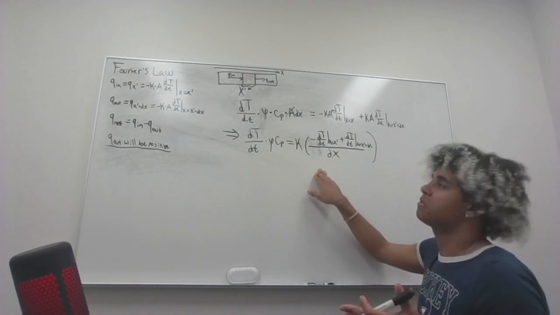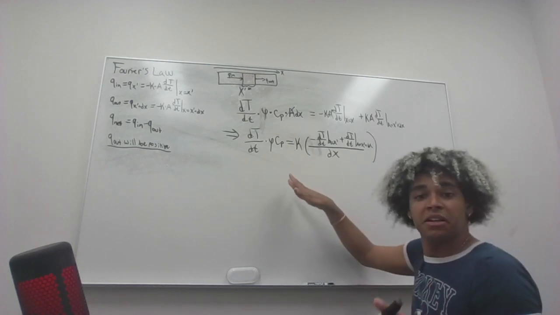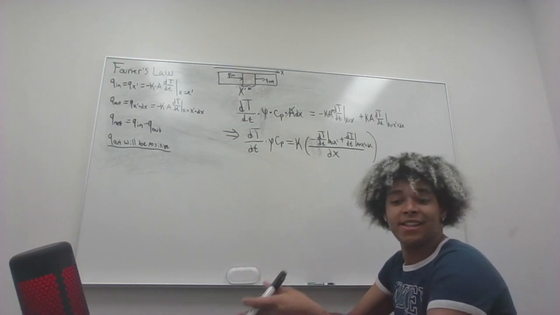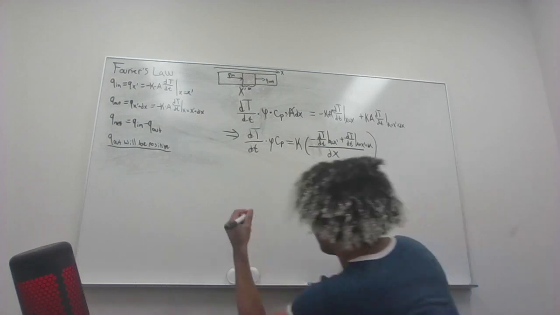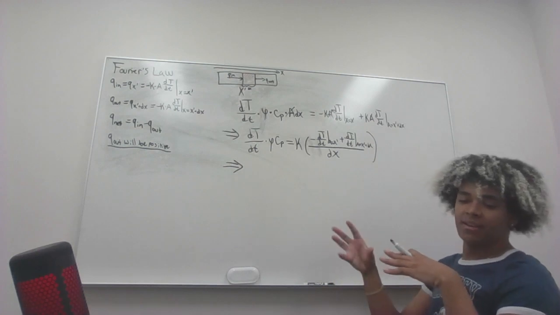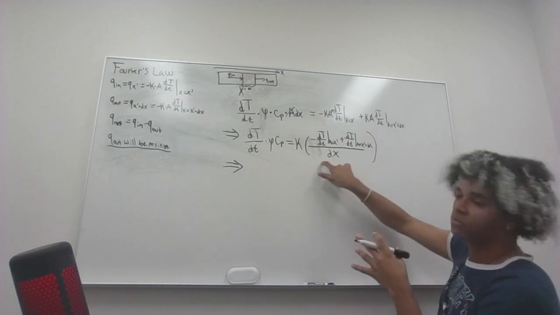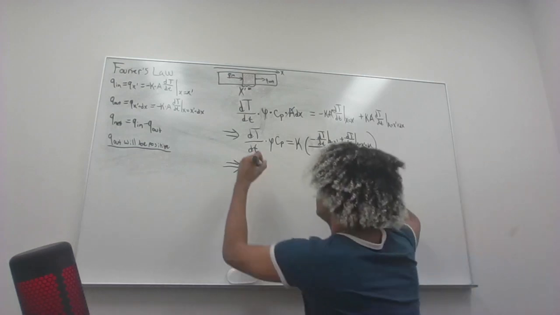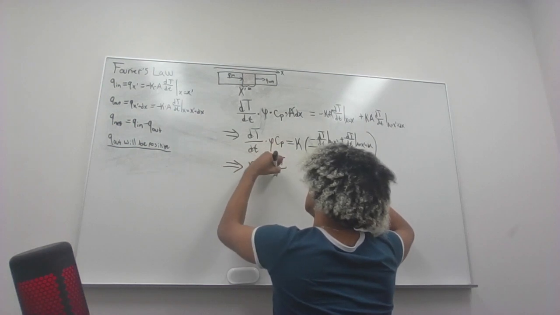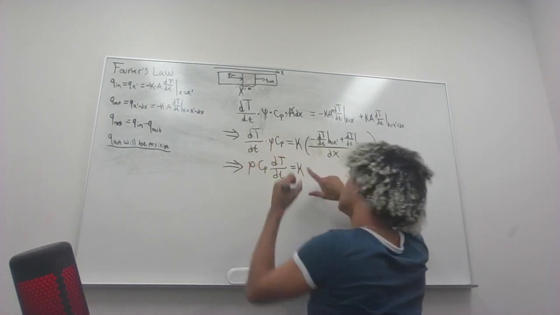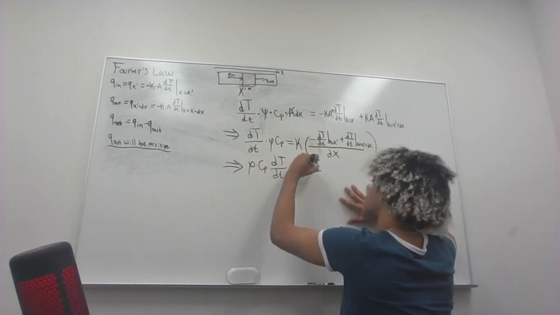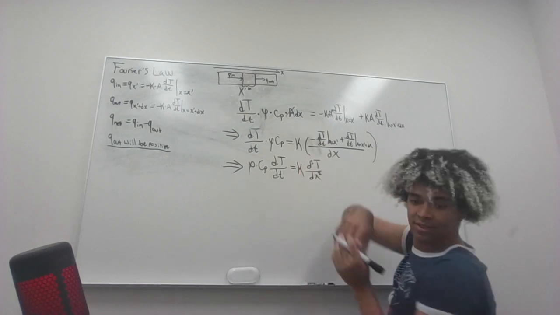Since it looks like a second derivative, we can say it's a second derivative, and this will simplify down to essentially K times d squared T over dx squared.